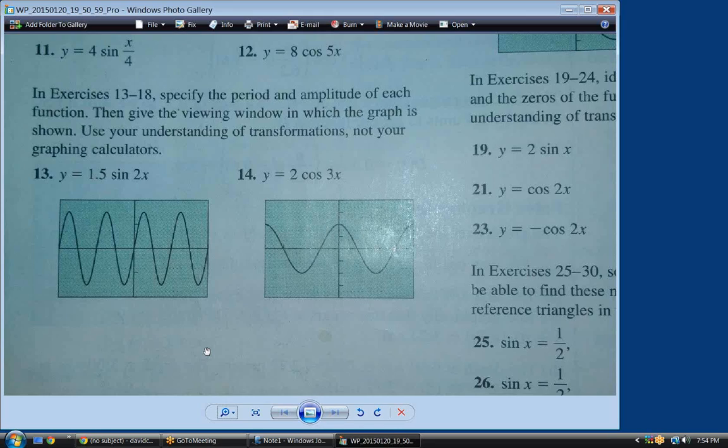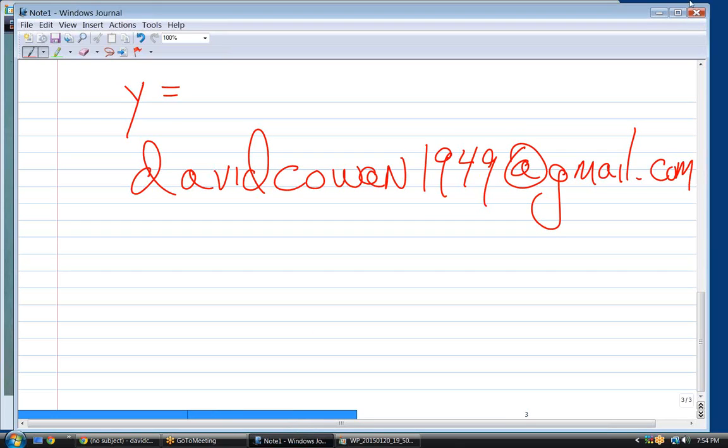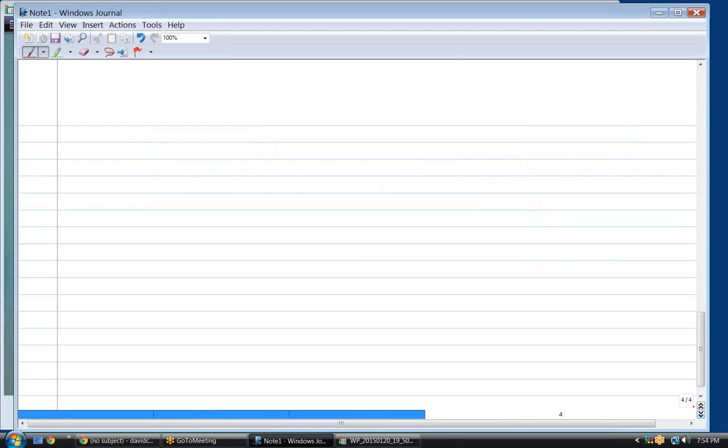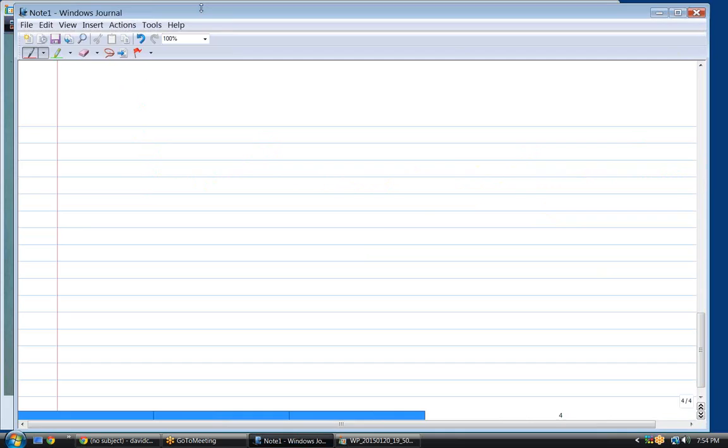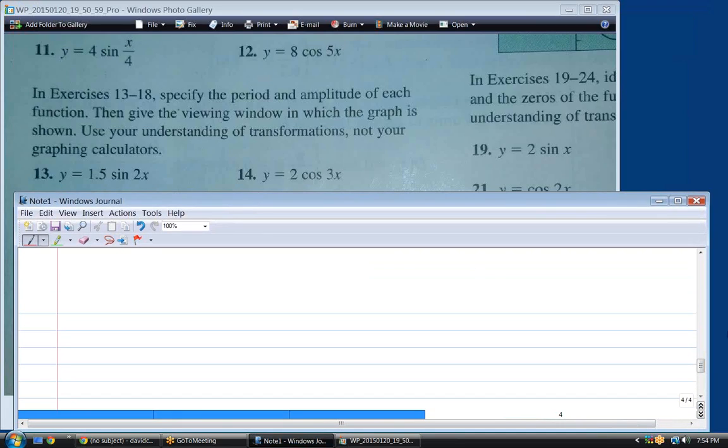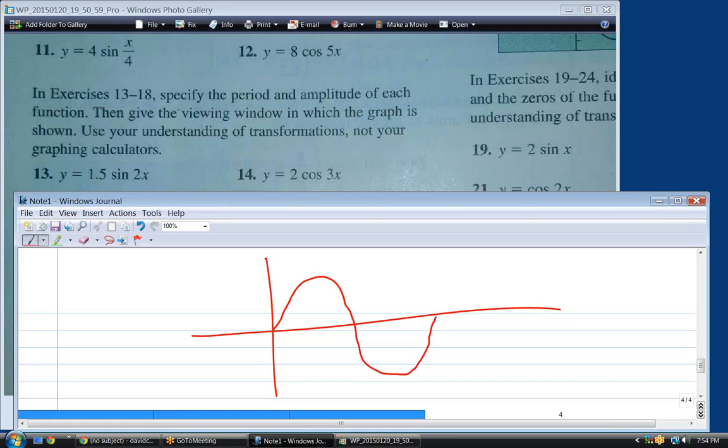A period compression. In other words, it's important to know the period of an uncompressed one. Okay, if I draw a sine curve and I draw one cycle only, that goes to 2 pi.